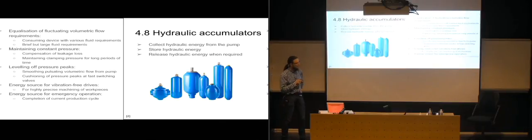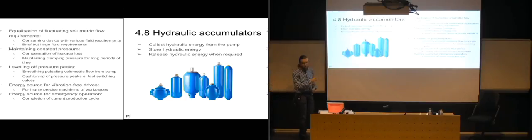So examples of emergency operations: in a production facility, for example, if it's one of these automated production lines where you have a lot of things happening along the line, you can design your accumulators to be able to complete one production cycle, so that if something happens and you stop producing at one point, you still have to get the rest of the stuff that is halfway through its production through the rest of the production line.